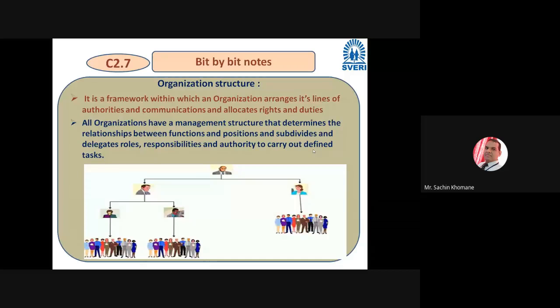What is it? It is a line of authority. You can say here one person is there, below that one man, one woman, right? Below that next man there is again one woman and one man, and below them again a group of people, right?